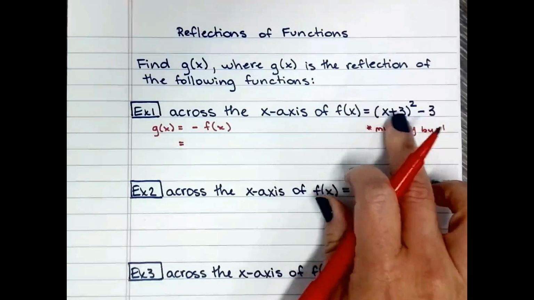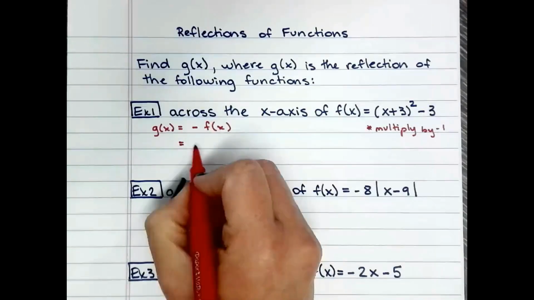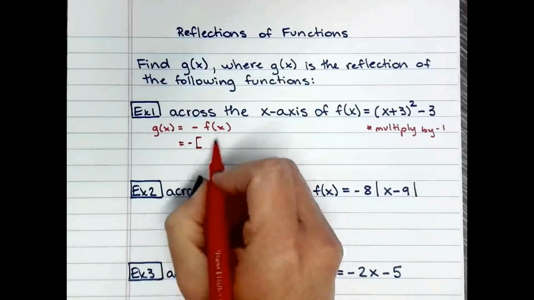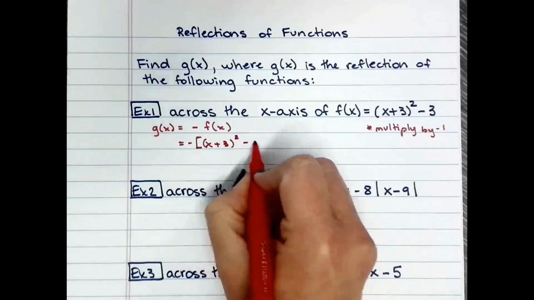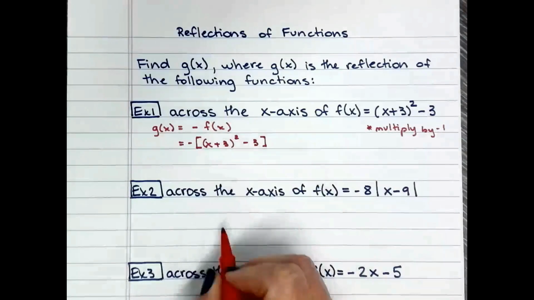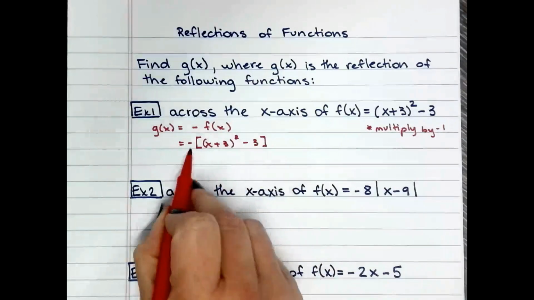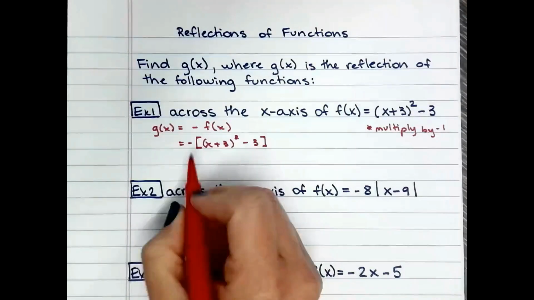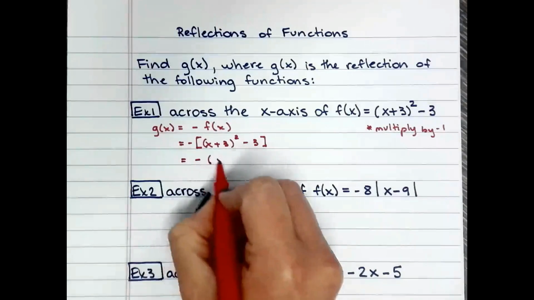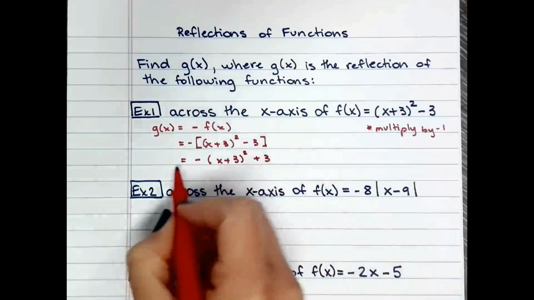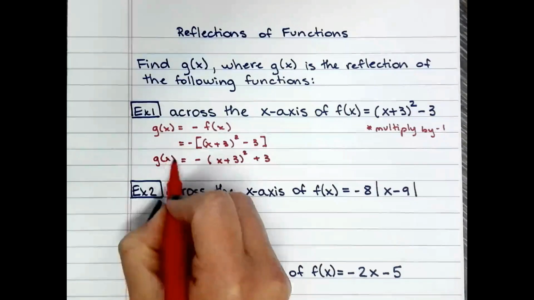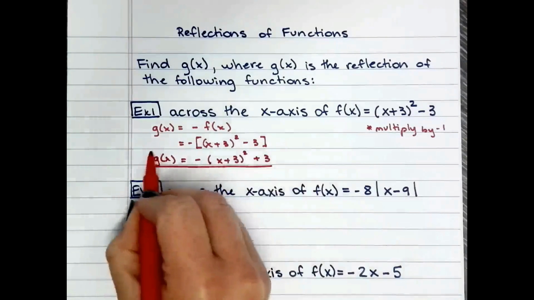Okay, so this is our function that we're multiplying by -1. So now we just distribute the negative. So that's the new g of x function right there.